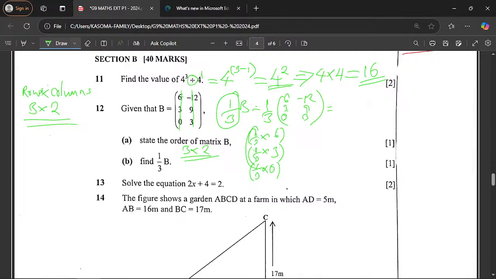Then we come to this row again, we say open bracket 1/3 by -12, close bracket, then 1/3 by 9, the 9 in the middle, put them in brackets as well.